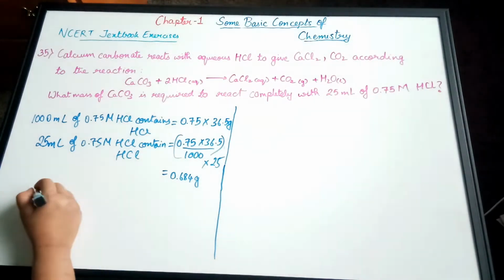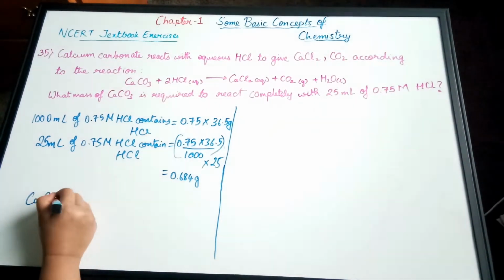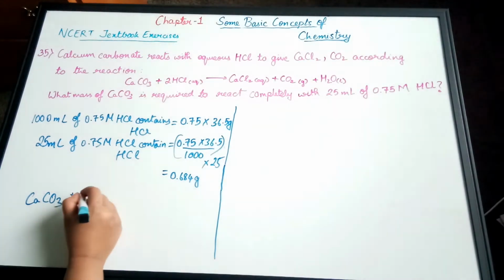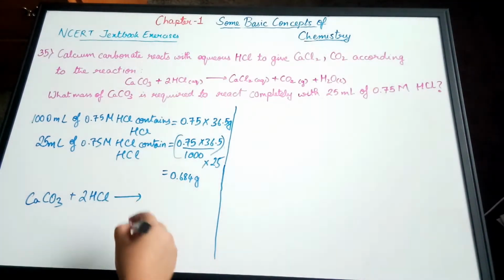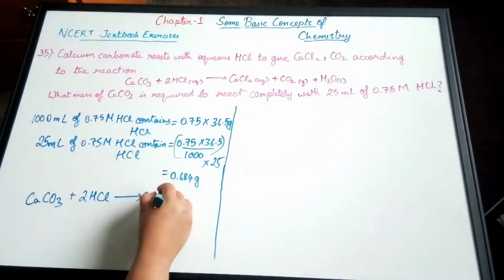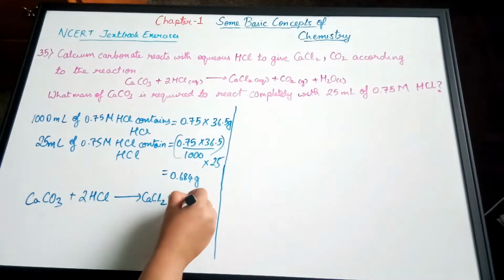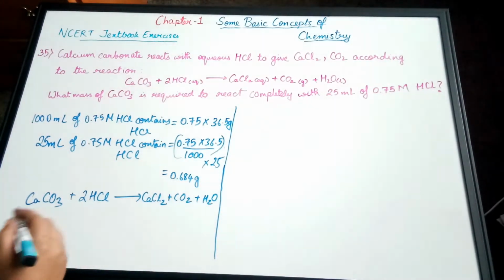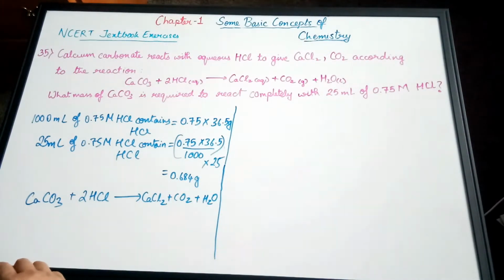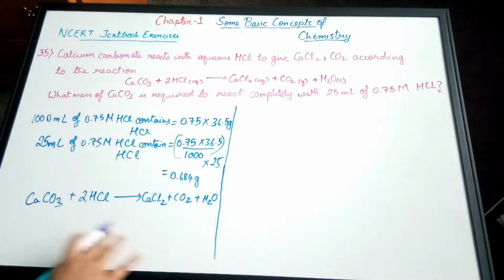So let's take the reaction. CaCO3 reacts with 2HCl to give rise to CaCl2, calcium chloride, plus carbon dioxide and water. Now when we learned about stoichiometry, we learned that the masses can be related.